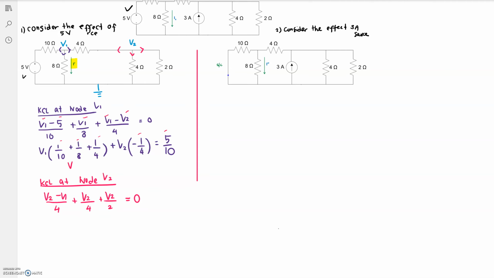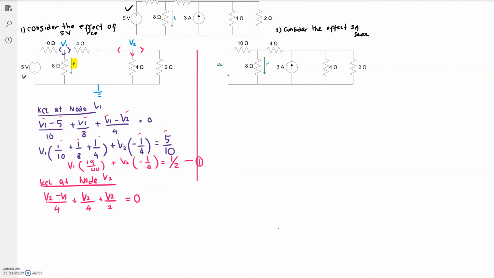The V1 coefficient will be 19 over 40 plus V2 times 1 over 4, equal to 5 over 10, or you can make it 1 over 2. So this will be the first equation.